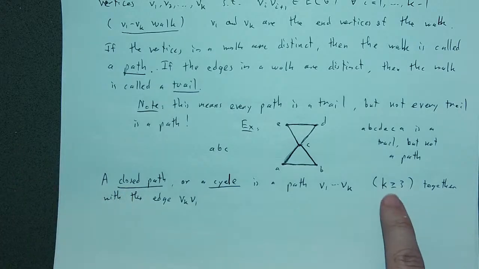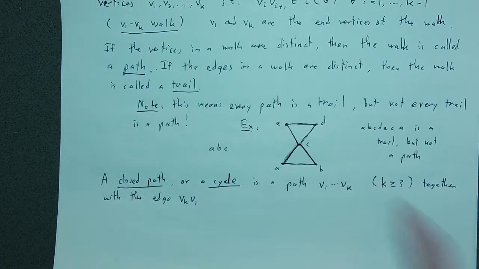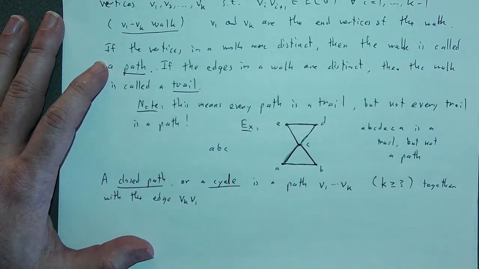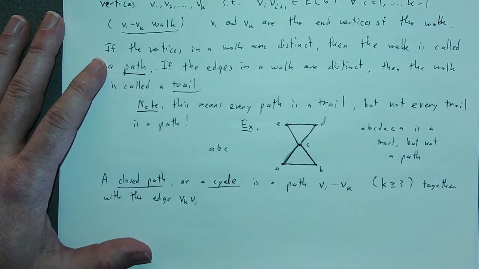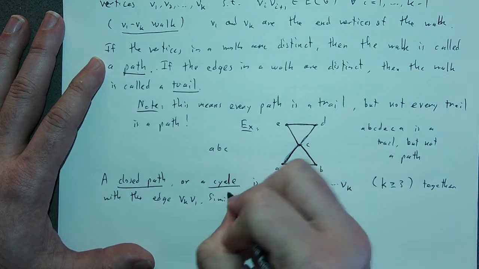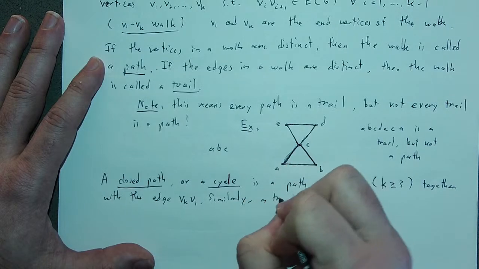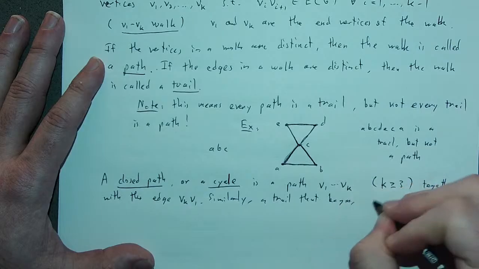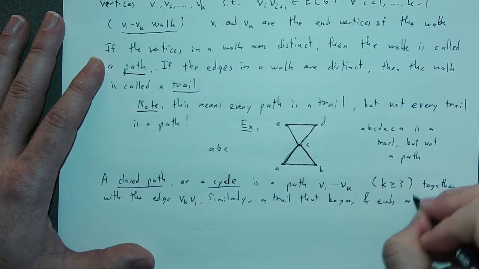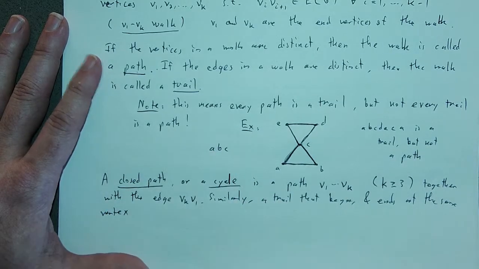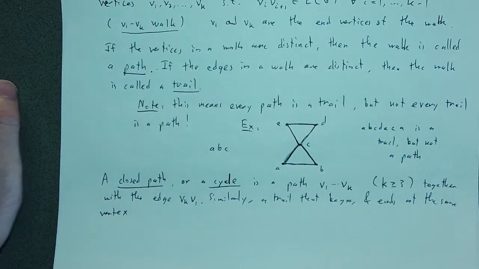Now you can think to yourself why this is needed in the types of graphs we're talking about, why this has to be the case. You could try drawing something that violates this and see where that gets you. But similarly, a trail that begins and ends at the same vertex, since trail is referring to the edges anyway, is called a closed trail or a circuit.